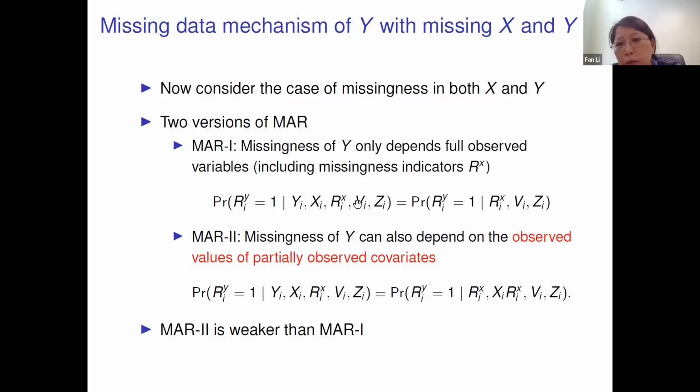I don't think I have much time to go into detail of that, but the point is that one is weaker than the other. It depends on whether you allow the missingness of Y to depend only on the fully observed covariates, or you also allow it to depend on observed values of a partially observed covariate. There are some subtle differences, but the conditioning set is just different, and both are MAR, with one weaker than the other.